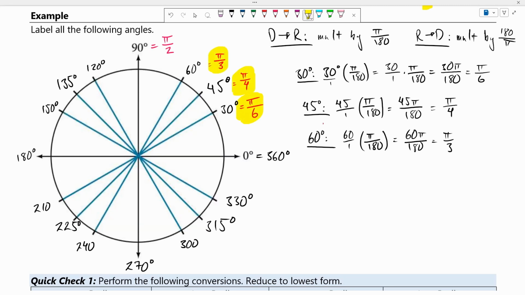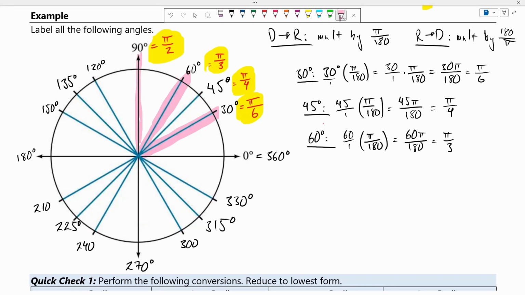1, 2, 3, 4. You guys remember when we were doing this one? This one was 30 degrees. If I added another 30 degrees, I got 60 degrees. If I added another 30 degrees, I got 90 degrees. You remember that?